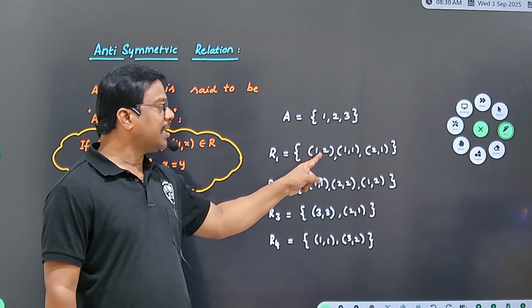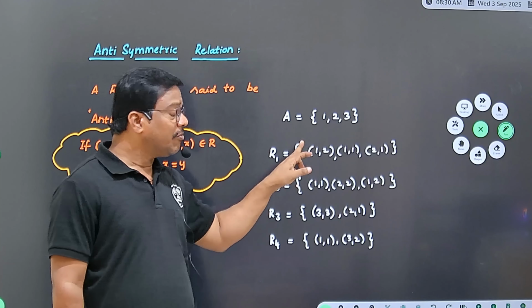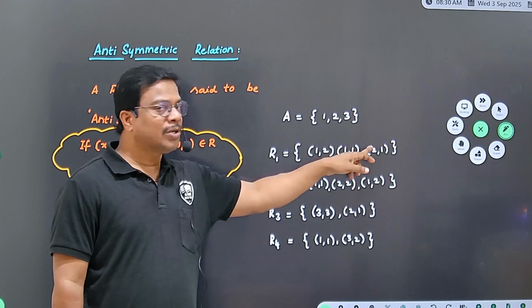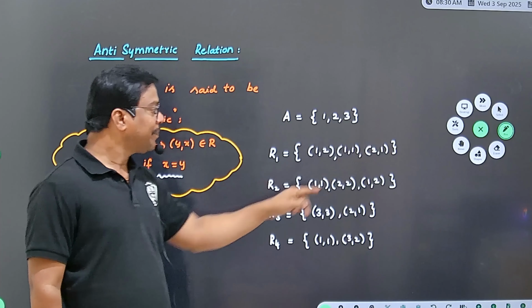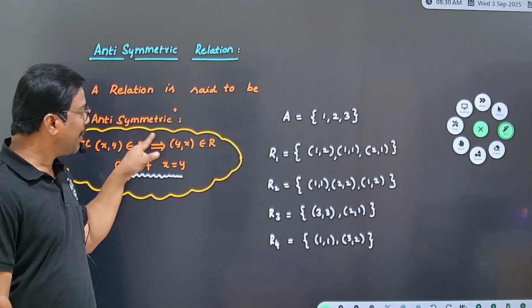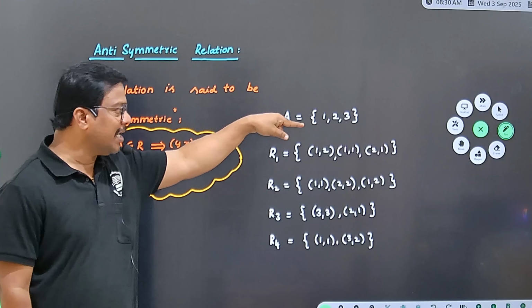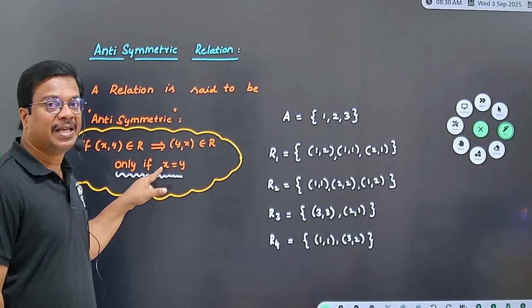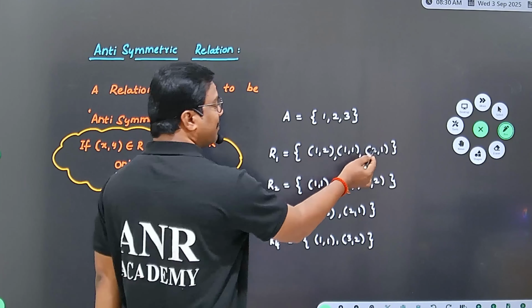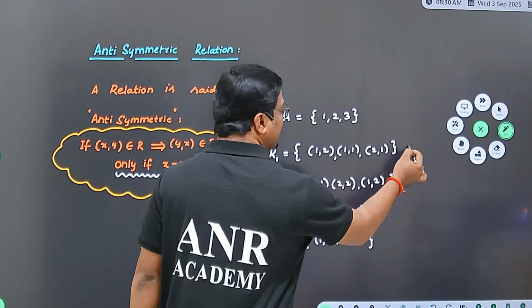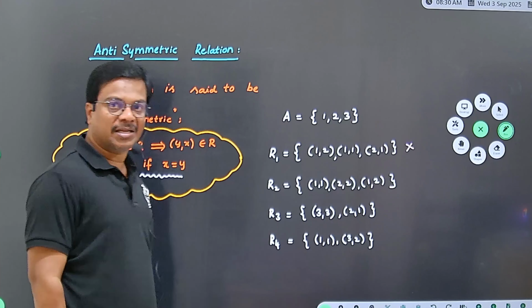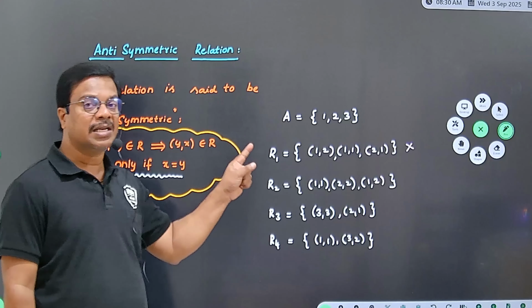Here x is not equal to y. (1, 2) and (2, 1), both you have. (1, 2) implies (2, 1) also belongs to that relation only when x equals y. But here x is not equal to y, so it is not antisymmetric. Listen carefully.